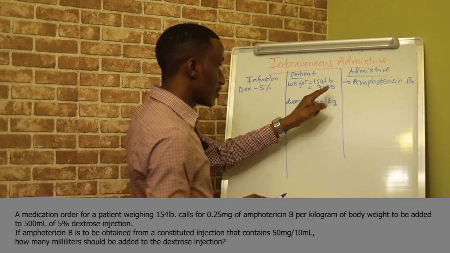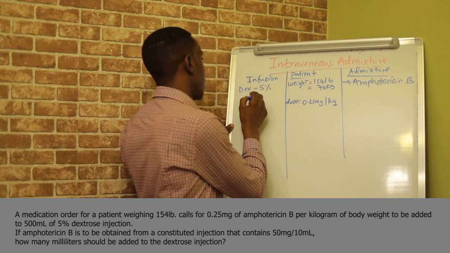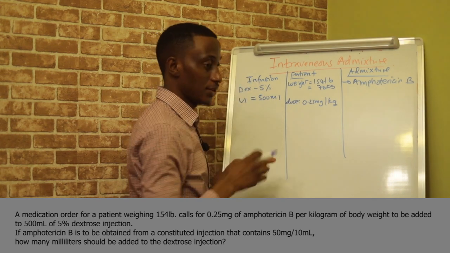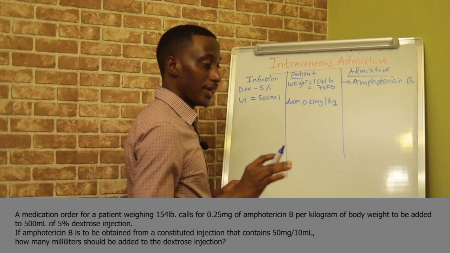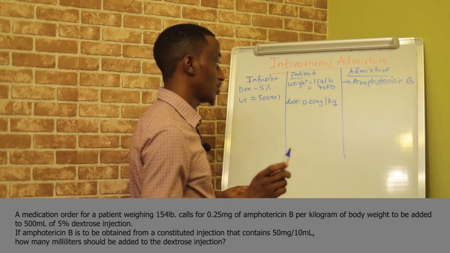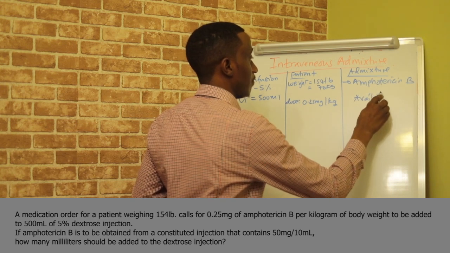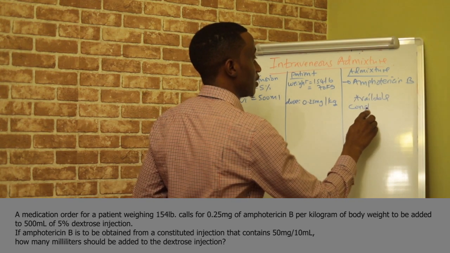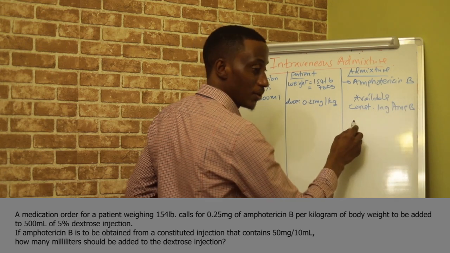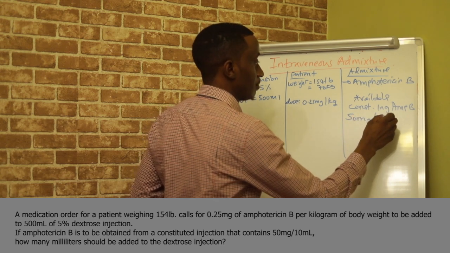So this dose, after calculating the required amount, should be added to the infusion, which is 500 ml of dextrose infusion. So if amphotericin B is to be obtained from a constituted injection, we have available a constituted injection of amphotericin B with the following strength: 50 milligrams per 10 ml.